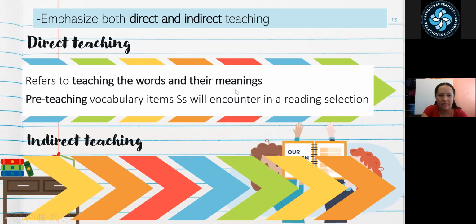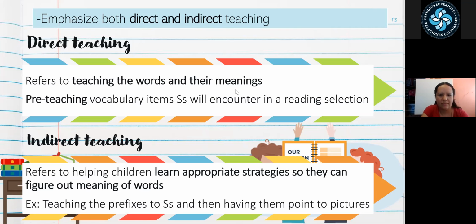And then we have here the indirect teaching. What is this one? For example, this is when they can learn strategies so they can figure out the meaning of the words. For example, here we have teaching the prefixes to students and then having them point to pictures. So as you can see, the indirect means that students are going to figure it out.